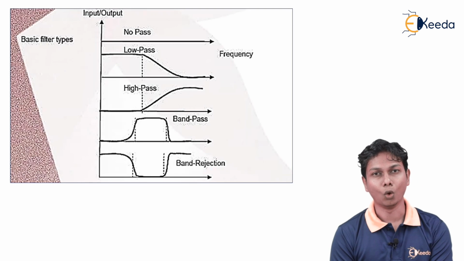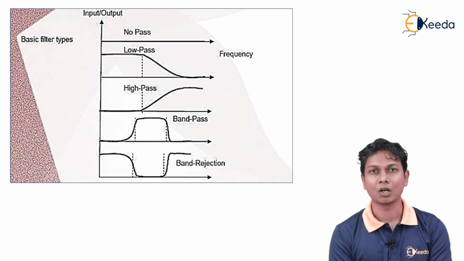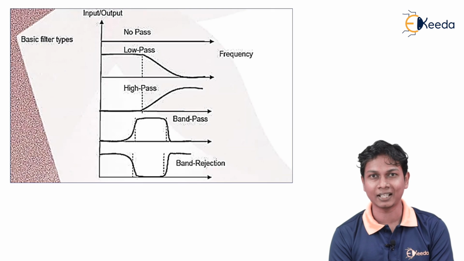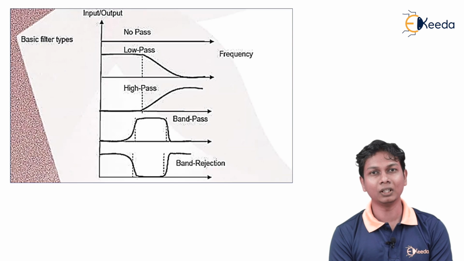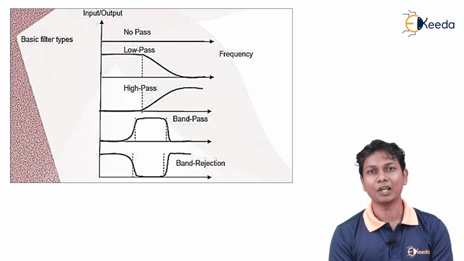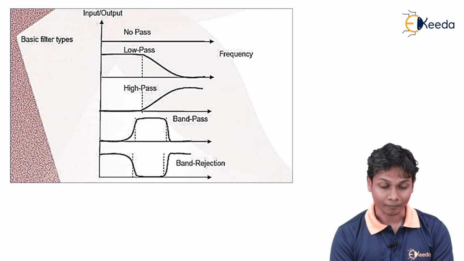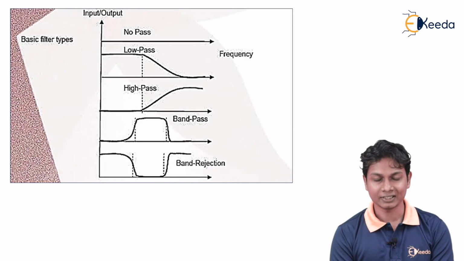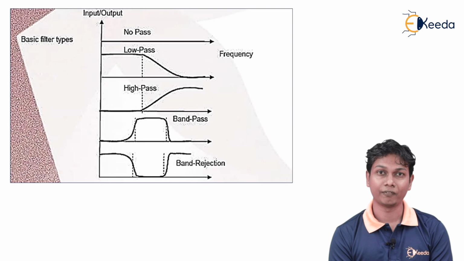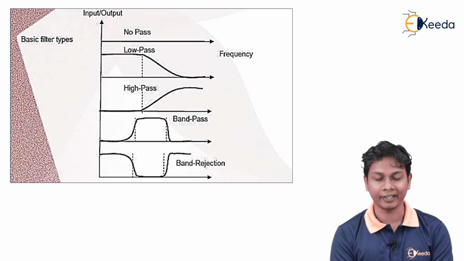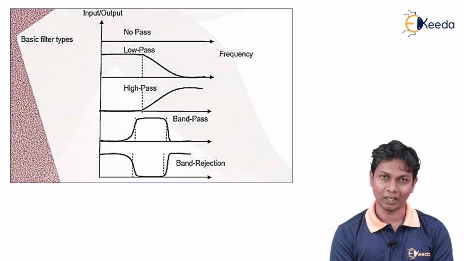But if the low pass filter is there, it passes only low frequency signals. If it is a high pass filter, it removes all the low frequency signals and passes only high frequency signals, and that can be programmed or predefined in the sensor. Now the band pass filter is one where a range is defined, from high to low or low to high, and that range is fixed in the band pass filter.